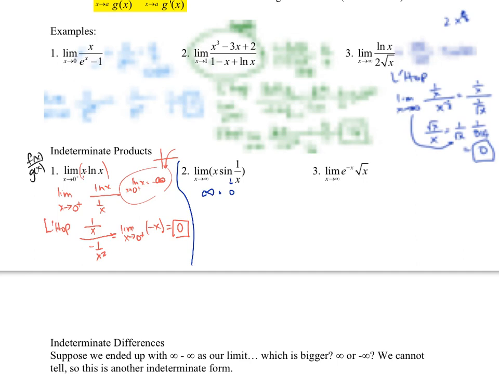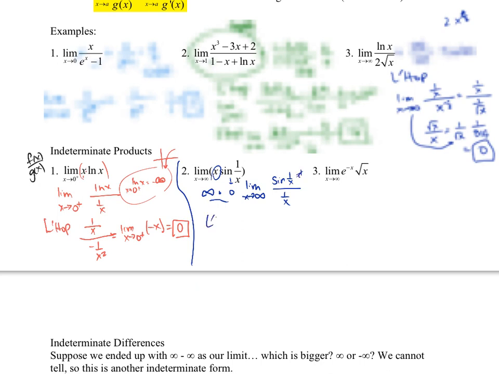Technically I should have rewritten it before I tried to plug the limits in. In any case, we have the limit as x goes to infinity, and we are going to keep the sine of 1 over x on the top and then move this to be on the bottom as 1 over x. Again, if you put this in, you'll see that you will get an indeterminate form, 0 over 0 is really what you're going to get. This is why I said you should probably do this before plugging it in.